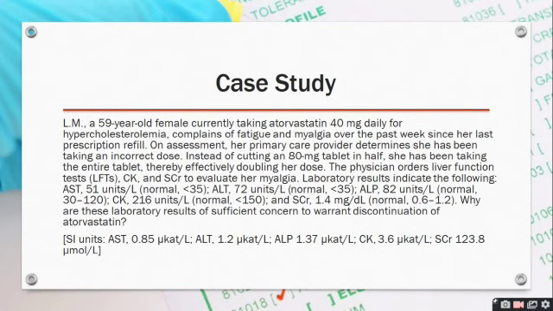Myalgia is muscle pain and ache. She has been complaining of these two problems, fatigue and myalgia, for the past week since her last prescription fill. Then we evaluate what the problem is and why she is suffering from these. So we find that she has been taking an incorrect dose.